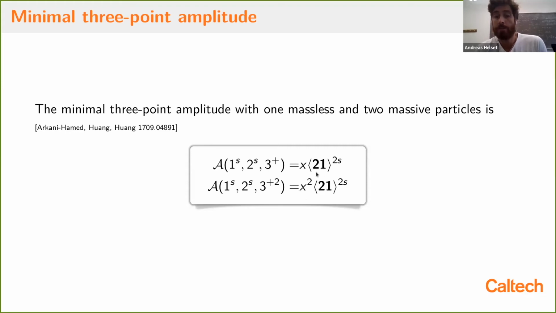It's equal to this prefactor x, which is the scalar amplitude, times this spinor bracket 2, 1 to the power of 2s. So you need 2s spinors for each spin s particle. And this is the simplest thing you can write down. This can be named the minimal amplitudes at three points. And these amplitudes will be important for us very soon.